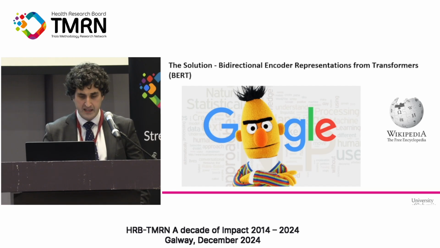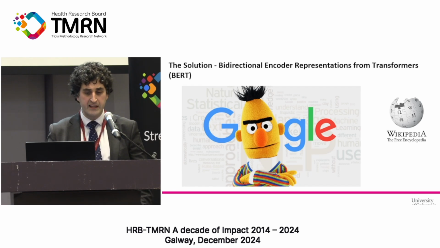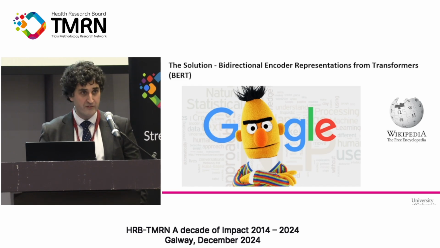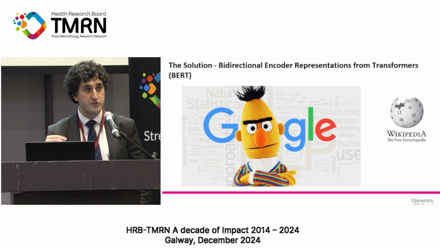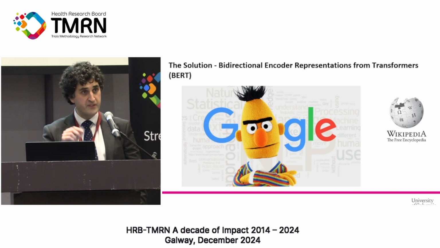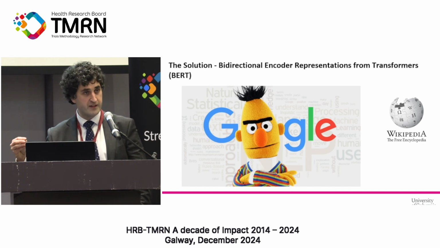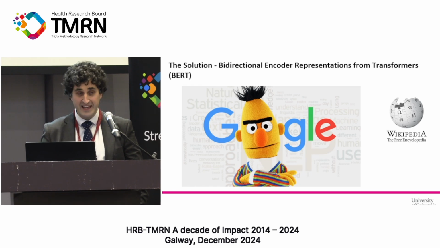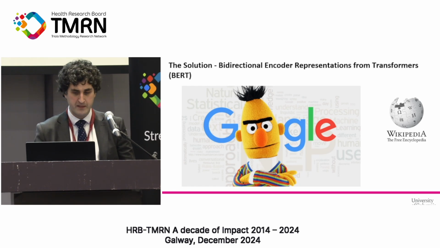So BERT is a model that's developed by Google, and everyone in this room has used BERT. When you do a search on Google, the next word prediction is all powered by BERT. So when you type the fields of, and it predicts the next word is Athenry, that's where I'm from, then it's BERT that makes that work.